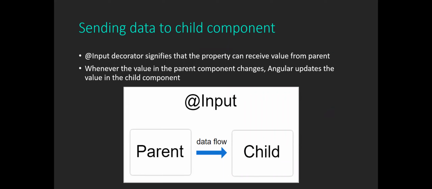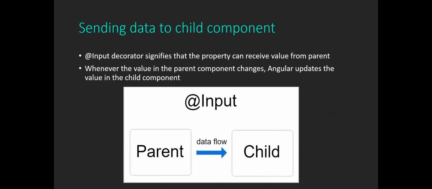So we talked about the parent passing in data to the child component. And to do that, we use this thing that is an @input decorator. And that @input decorator, when you go into a component class and you see it, that component is able to receive data.